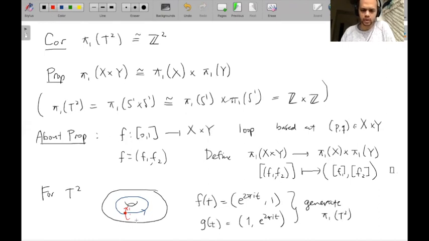I guess in my picture, maybe this is g and this is f. Okay, good. So we know the fundamental group of the torus. This was a computation we discussed informally previously.